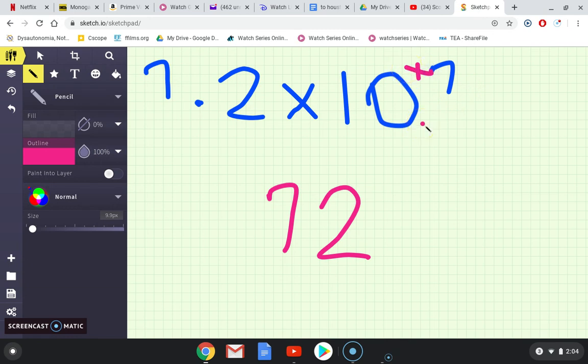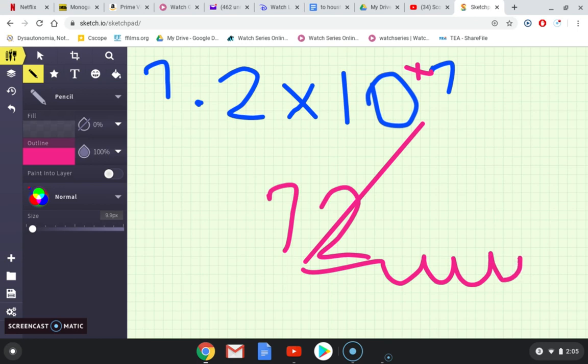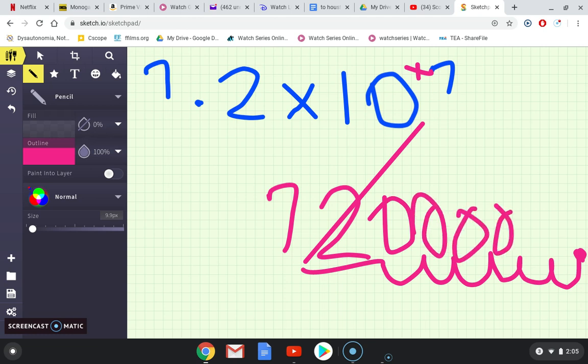So I'm going to do 7 dippy-doos this way. 1, 2, 3, 4, 5, 6, 7. And this is where my decimal is going to end up. And of course, what do we fill in dippy-doos with? We fill them in with zeros. So 1, 2, 3, 4, 5, 6.